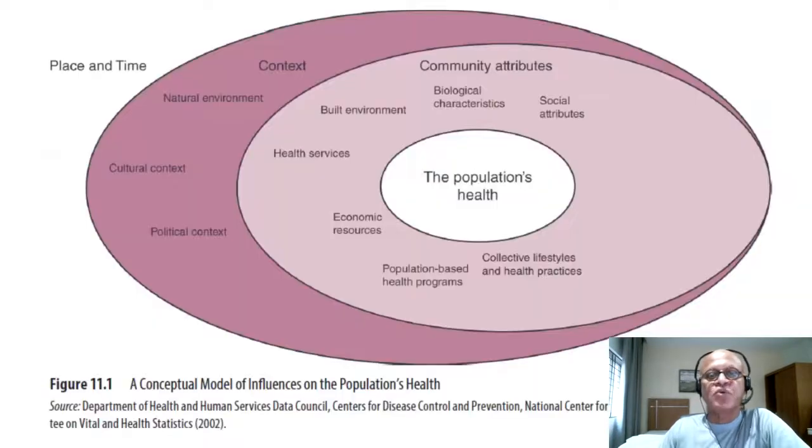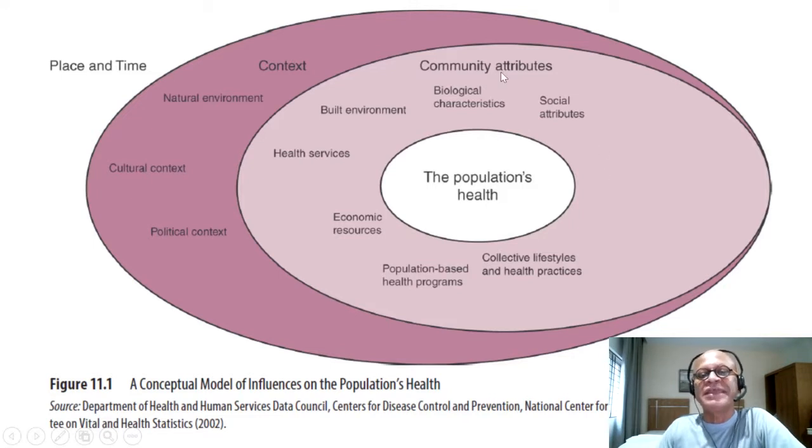I think you already know what that means, but here is a schematic showing a conceptual model of influences on the population's health, another way to look at it. So we are focused on population's health in the context of place and time. So we have natural environment, cultural context, and political context, which we have been discussing in various ways.